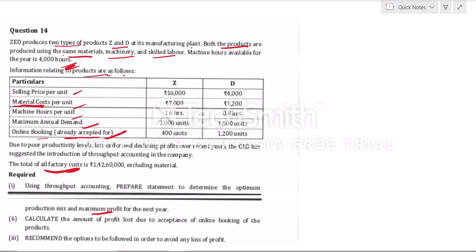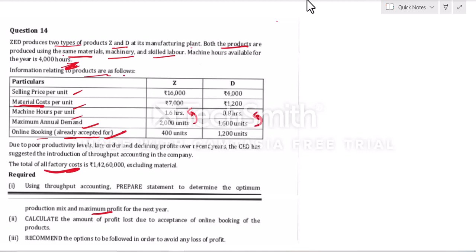So first calculate contribution. First we need to find what is the bottleneck resource here. They have given only machine hours, total machine hours available and machine hours per unit. So as they have annual demand of 2000 units, 2000 into 1.6 plus 1600 into 0.8.